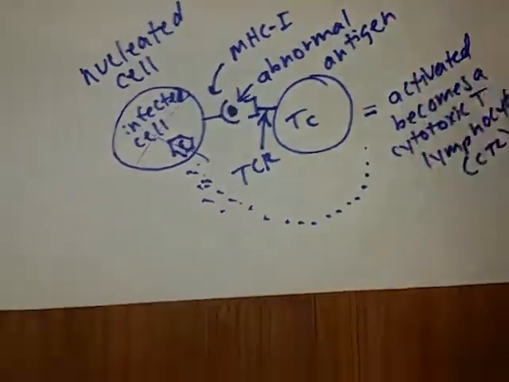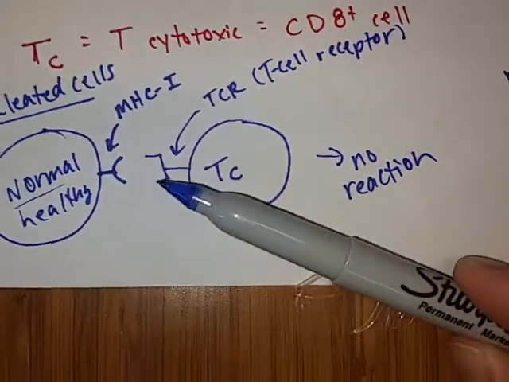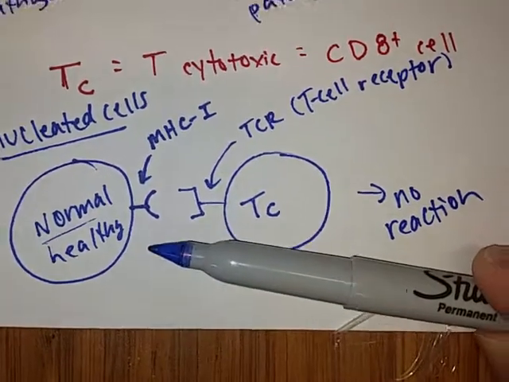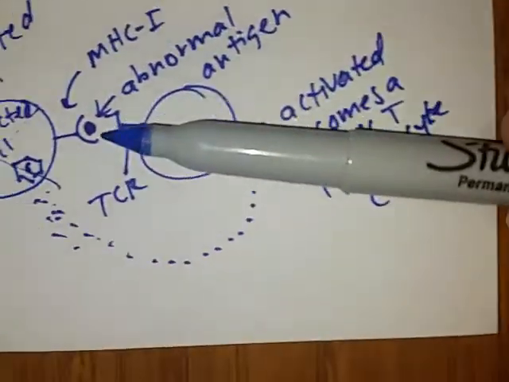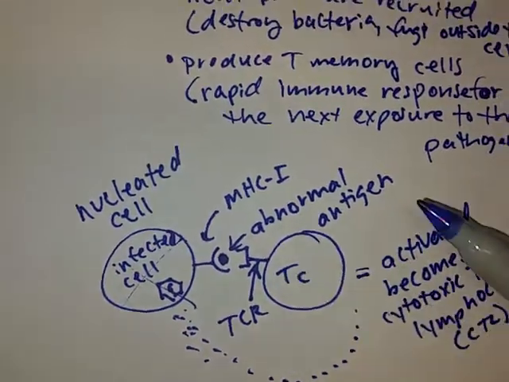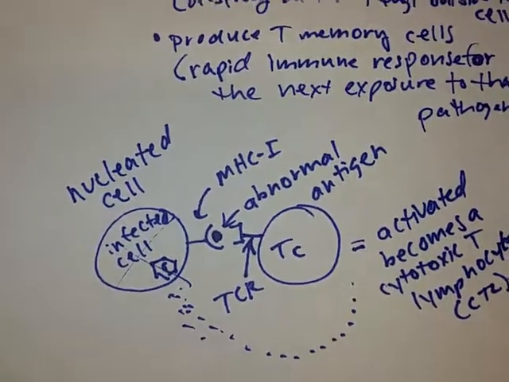So like we said, the T cytotoxic cells are roaming around looking to make sure that all of the body cells are in check. They go around like, nope, you're healthy, you're okay, and move on to the next cell. This one, it goes, hey, you have something weird going on inside you because you have this abnormal antigen. It's best if we just kill you.